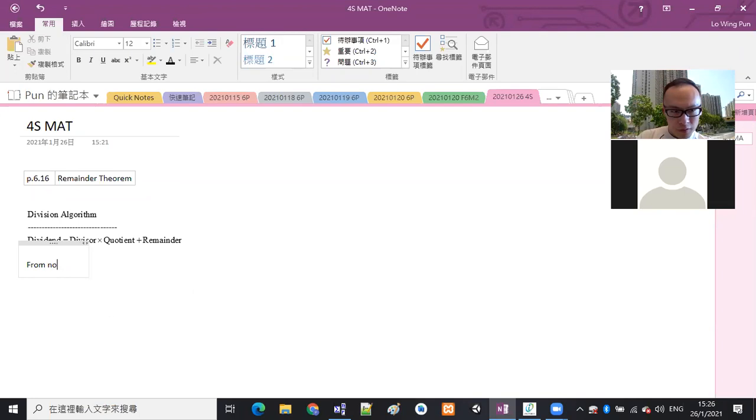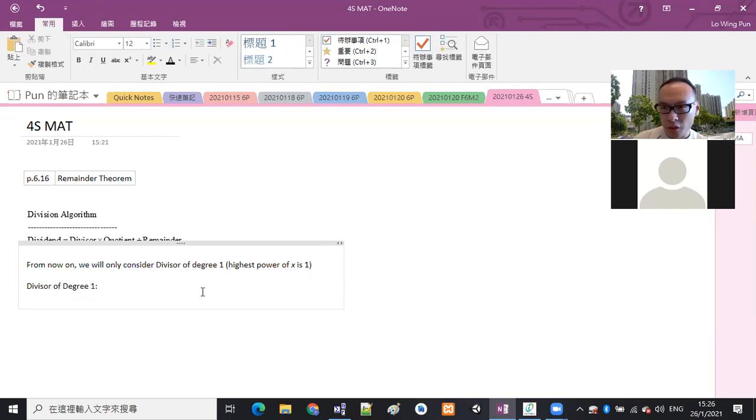From now on, in the second part of chapter 6, we will only consider divisors of degree 1. Remember, the divisor is the one you divide by.